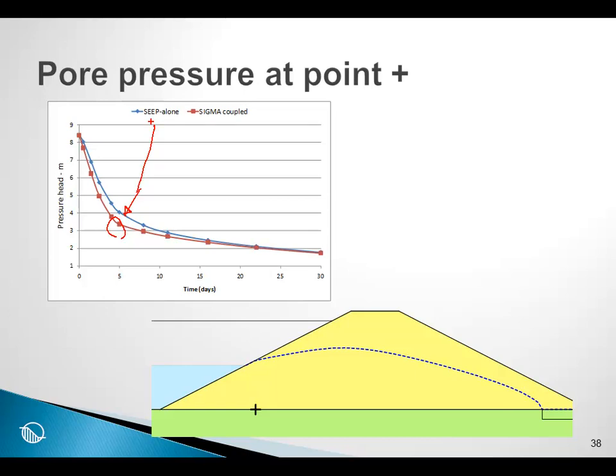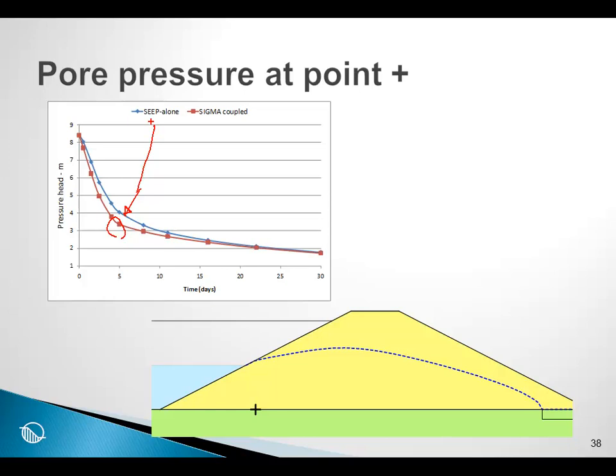The reason for this is that removing the weight of the water and doing a coupled analysis, there is a tendency for a slight amount of rebound of the soil, and this tendency for rebound has an effect on the pore pressure response, and as a result there is a slightly lower pore pressure at the same time than what we would get from a SEEP alone analysis.